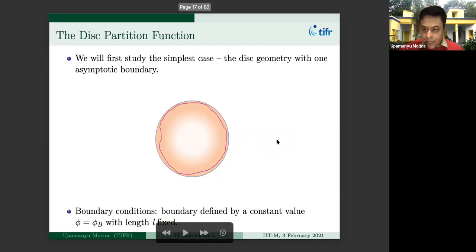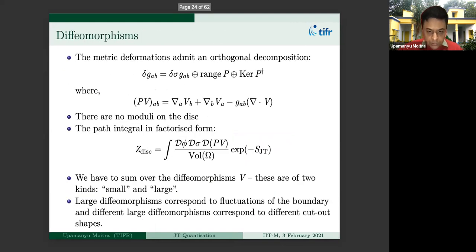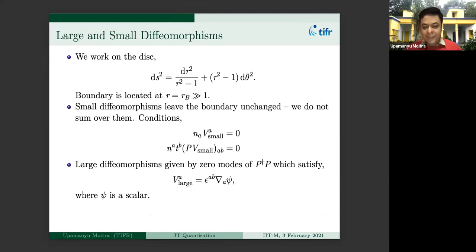So now, large diffeomorphisms turn out to be given by zero modes of this P dagger P, and these diffeomorphisms satisfy this condition, which in differential form notation you can call star of d psi, where V^a is epsilon^ab grad_b of psi, where psi is some scalar.